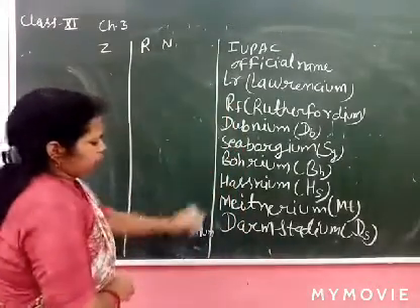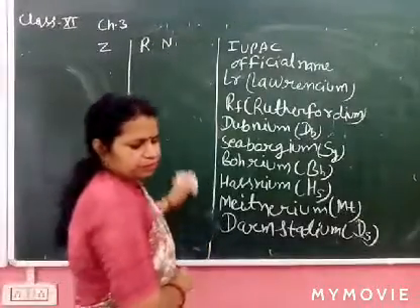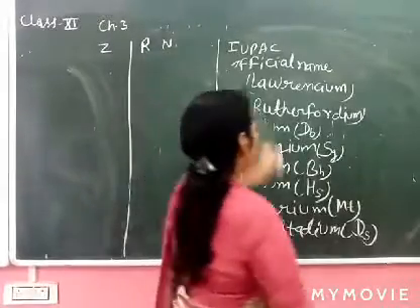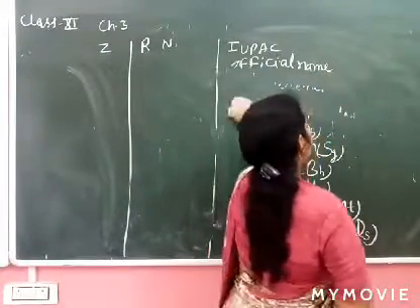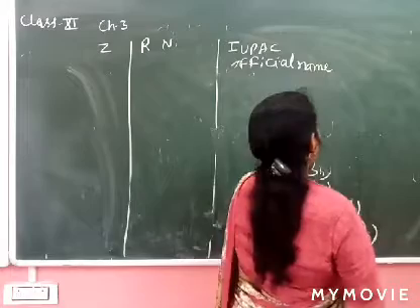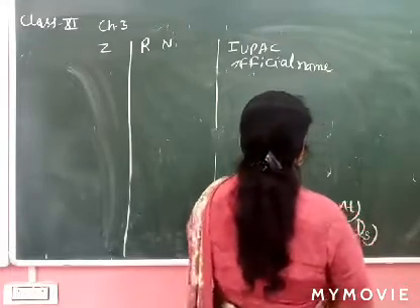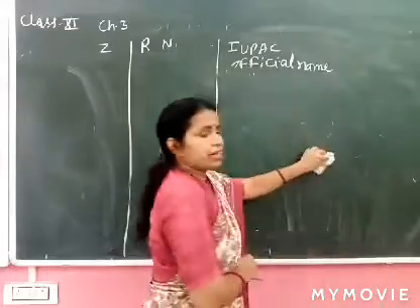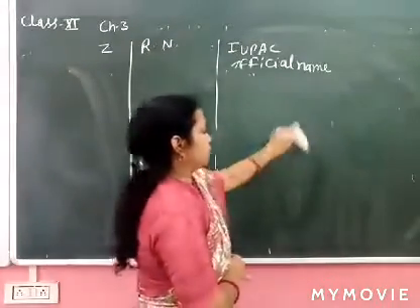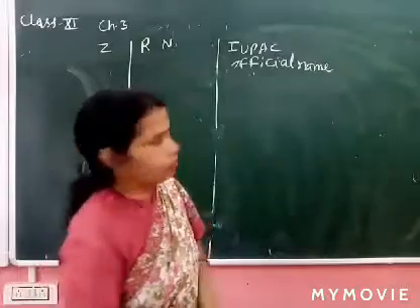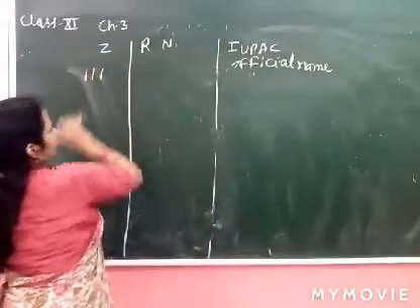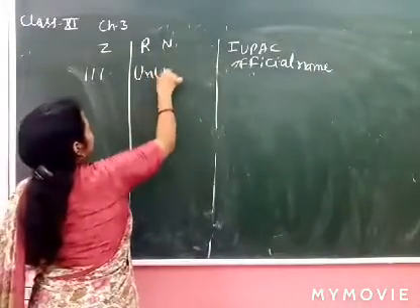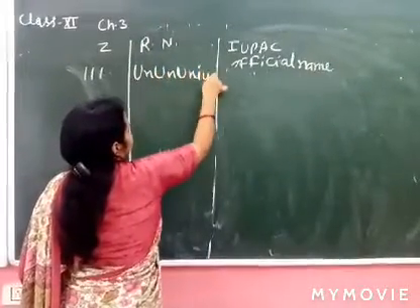Now again 111. How to write its name? Unununium. You have to write up to 120. Generally the question is asked for 120, 118, 119 atomic number: what is the IUPAC name? Don't write the official name. Now 111, Unununium.